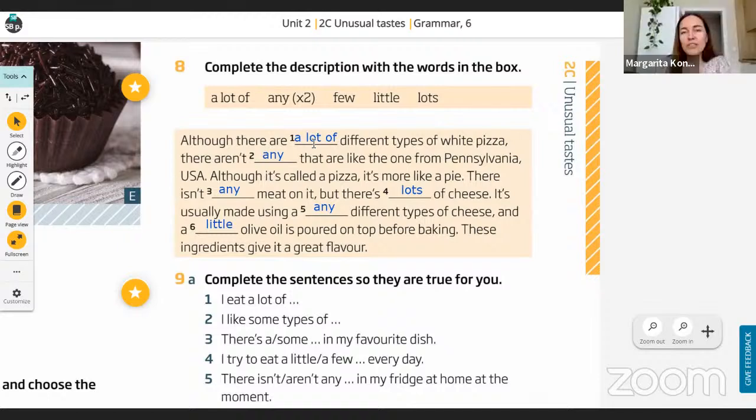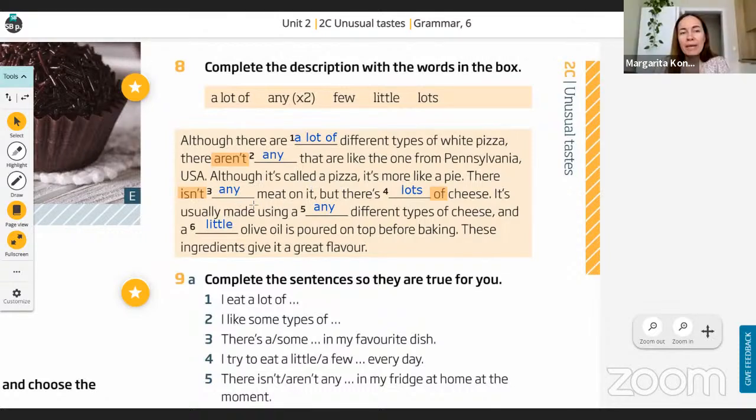Because the sentence is negative, there isn't any meat. Positive, negative? Negative, so we use isn't any. But there is lots of cheese. Подходит, потому что есть of. Lots of cheese, all right.